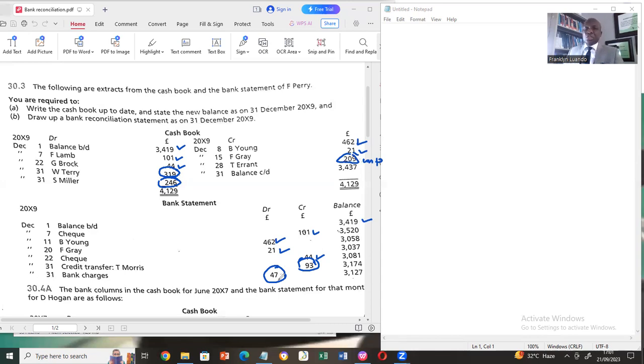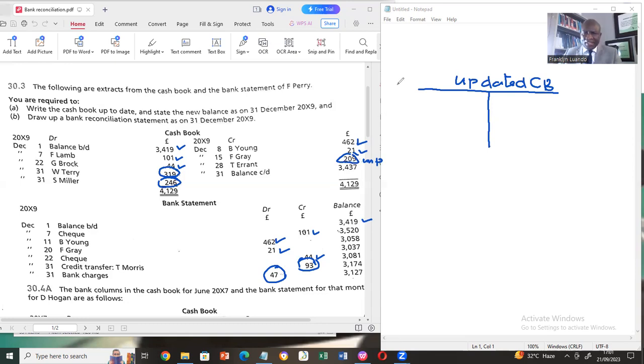So the first thing that we do now is to update the cash book, or amend the cash book, or correct the cash book. So we have the updated cash book, which is an abbreviation.